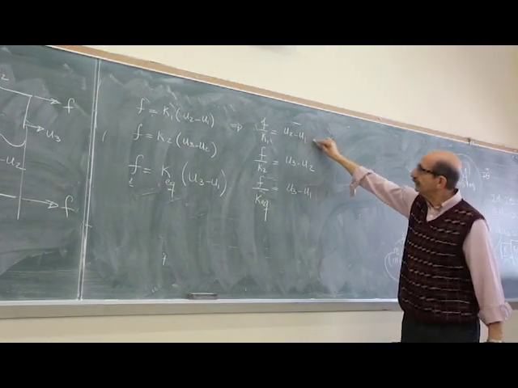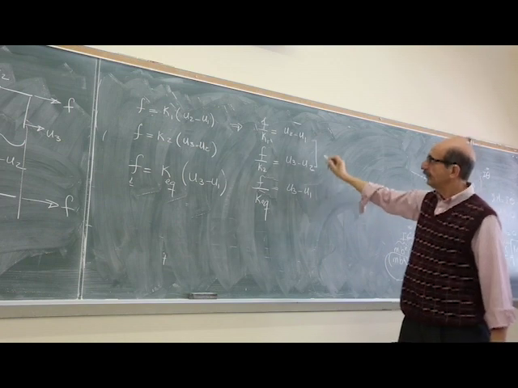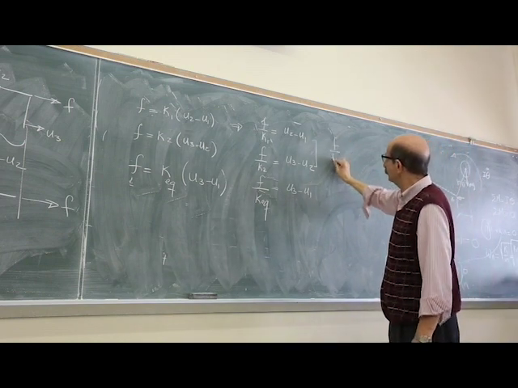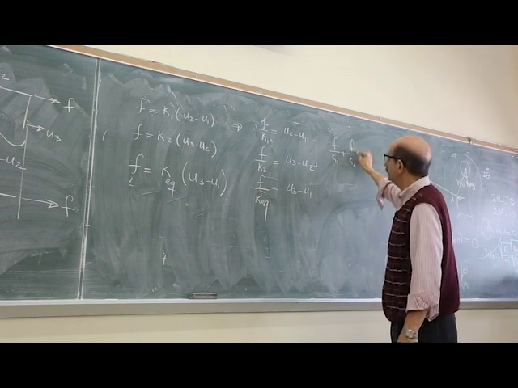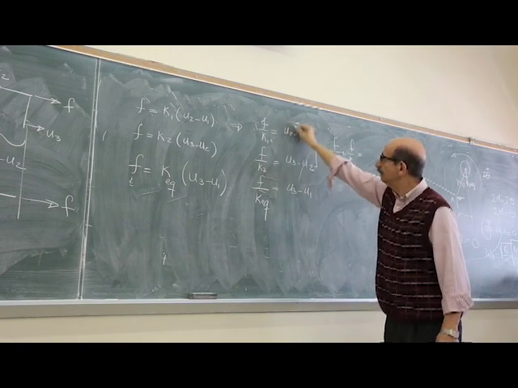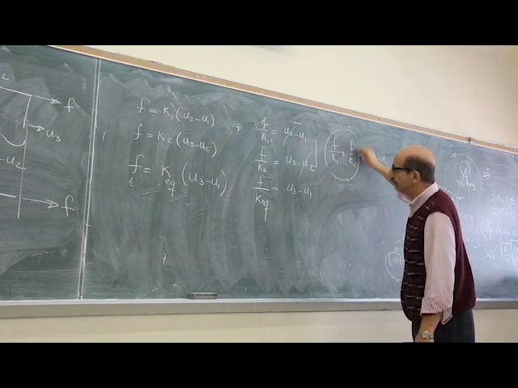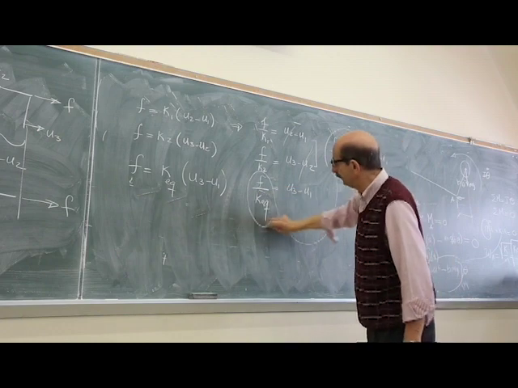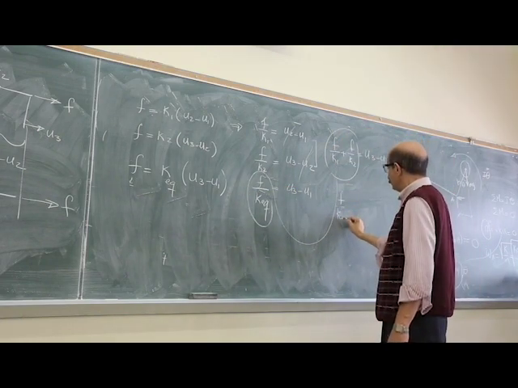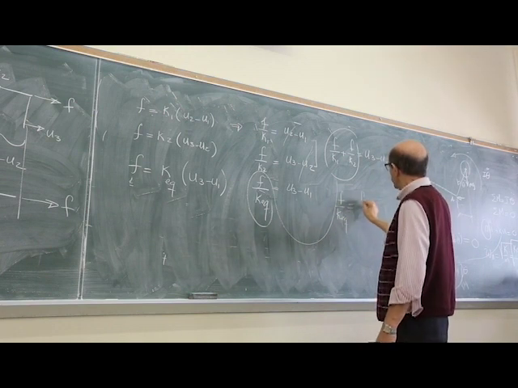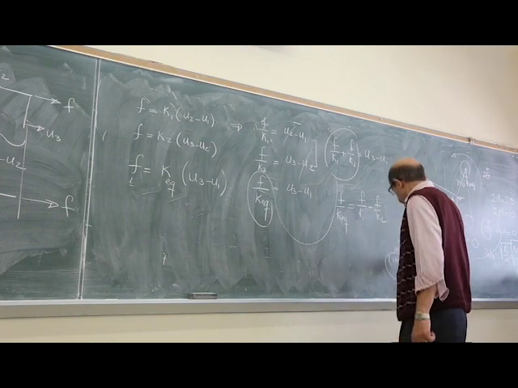But then we look here. If we add these two, F over K1 plus F over K2 is what? U3 minus U1. So this is then equal to F over K equivalent that we are trying to find, which would be F over K1 plus F over K2.